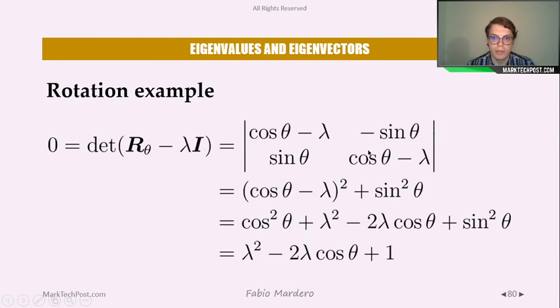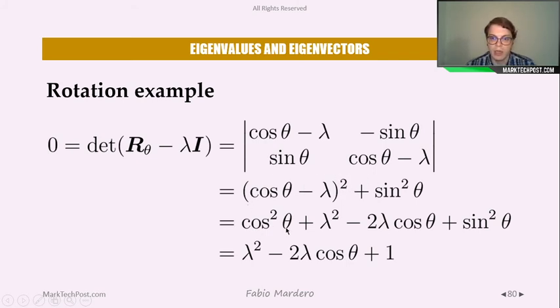So let's compute it. The matrix is a 2 by 2 matrix, so we get cosine of theta minus lambda multiplied by itself. And then we have minus sine of theta times sine of theta. So minus times minus equals plus. We write the expression, we do this square term.